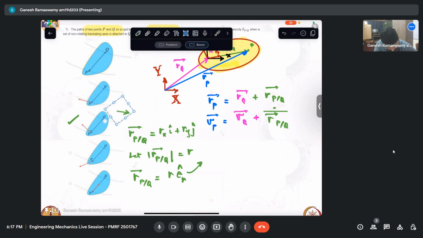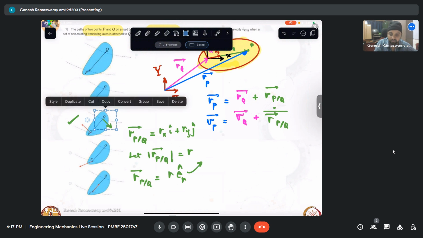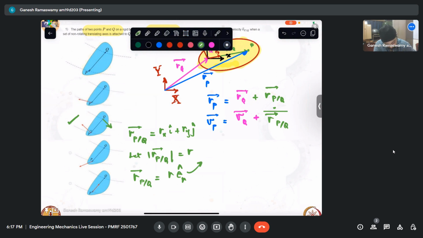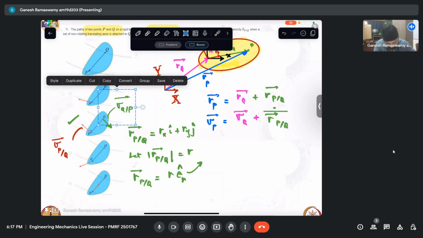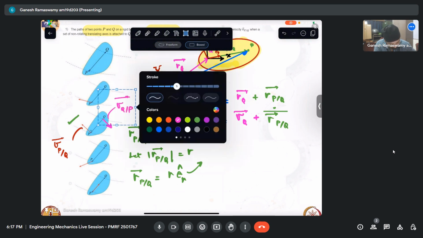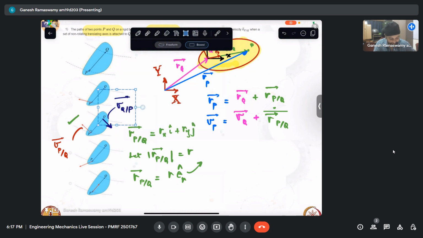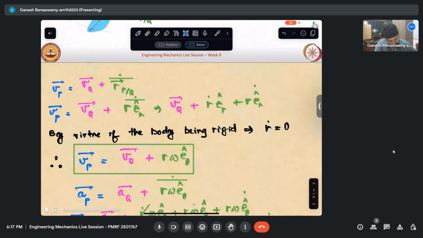So this is the velocity of P with respect to Q, and the green one is the velocity of Q with respect to P. Let me not put it in green because we have used that for some other discussion. Let me put it in dark blue. Okay, so I take it that this is clear.